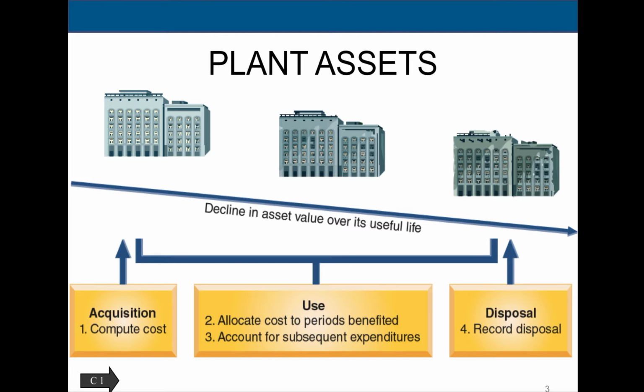But for right now, when we talk about any of these assets, there are three different time periods that are relevant to us here. The point of acquisition, the useful life of the asset, and then the point when we dispose of the asset. As far as accounting goes, these are important time periods because there's going to be a journal entry that happens when we acquire the asset. There will be journal entries that need to be made over the life of the asset, depending on if we're just allocating value over time periods.